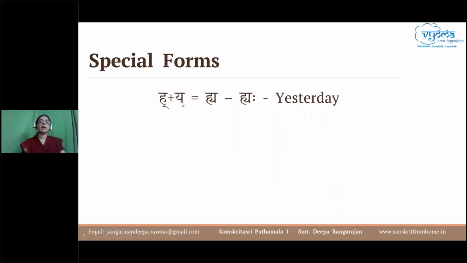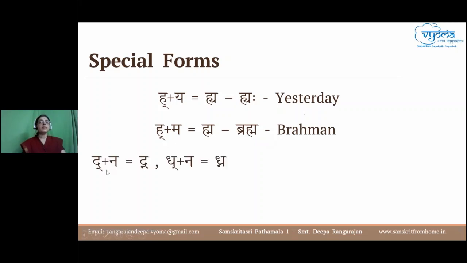Hyaha, hakara, yakara. See the change of the yakara here. So hyaha means yesterday. Hakara with makara. Brahma means Brahman or the supreme being, Brahman.